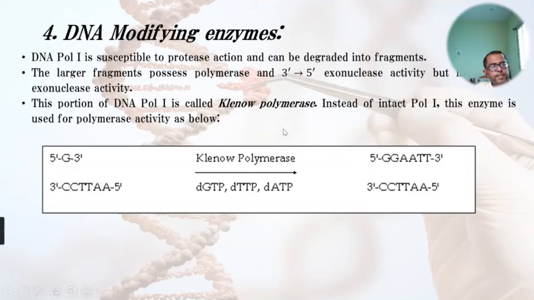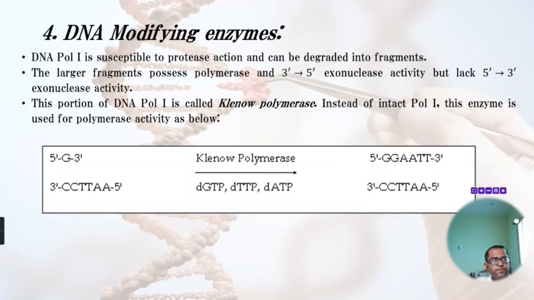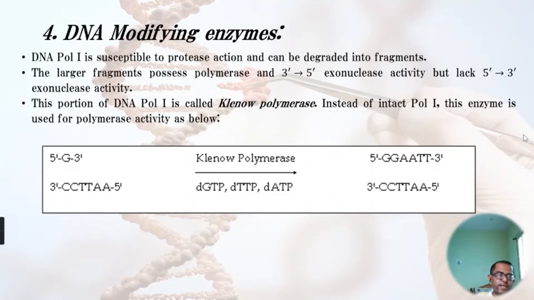When we treat this DNA polymerase first enzyme with the protease enzyme, it is broken down into two different fragments. The large fragment contains the polymerase activity and 3' to 5' exonuclease activity, but it lacks the 5' to 3' exonuclease activity. This large subunit of the polymerase enzyme is known as the Klenow polymerase.